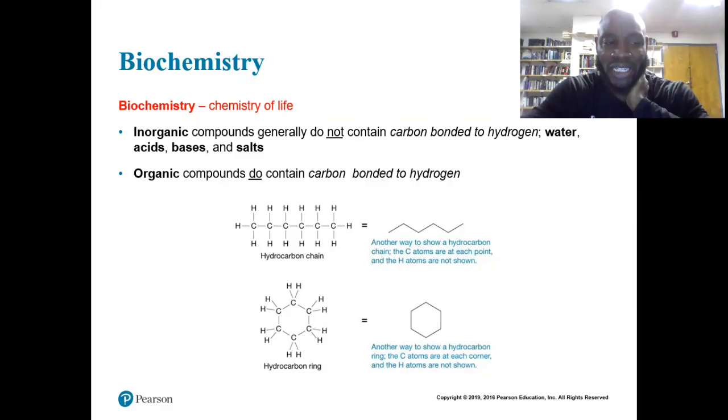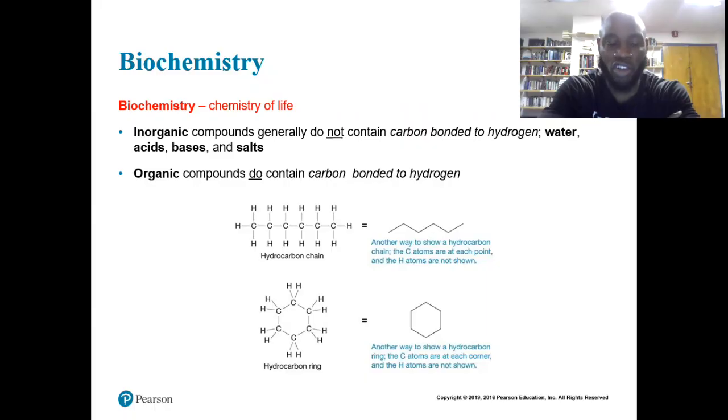I don't know why we use two different terms. I feel like we should use something different in the grocery store, but that's another class. Right, so inorganic compounds do not contain carbon bound to hydrogen.